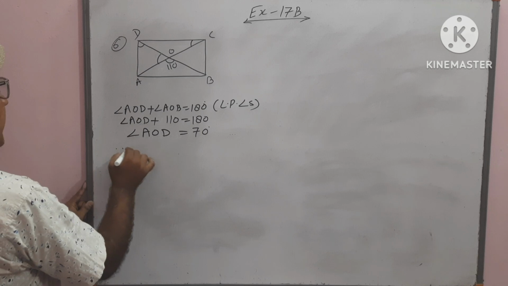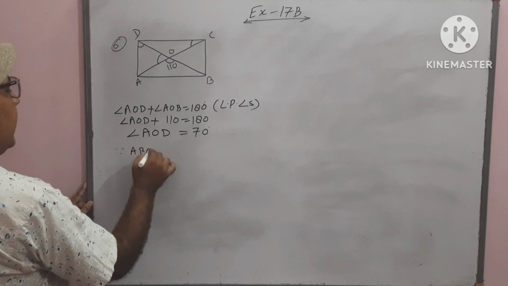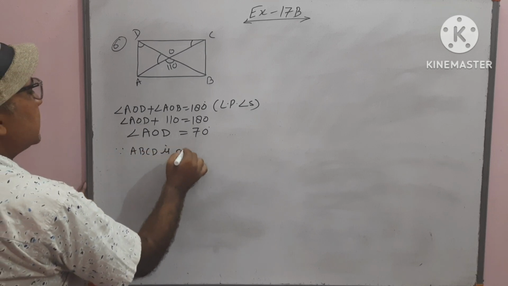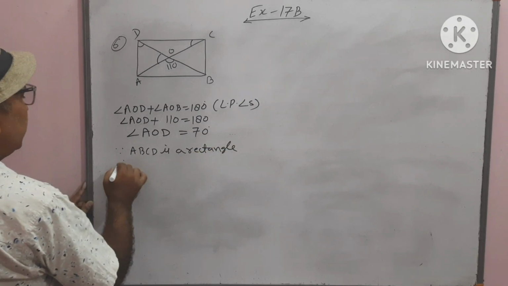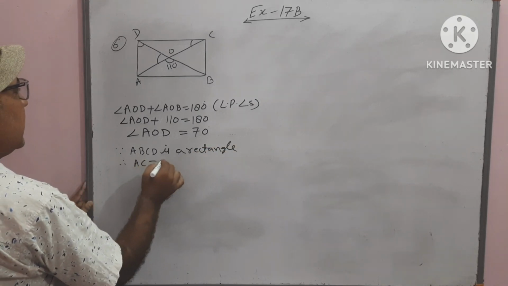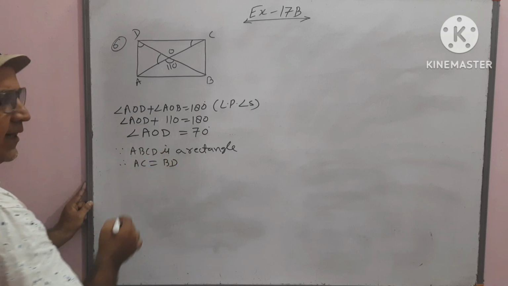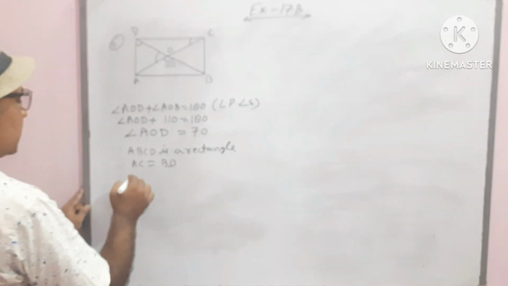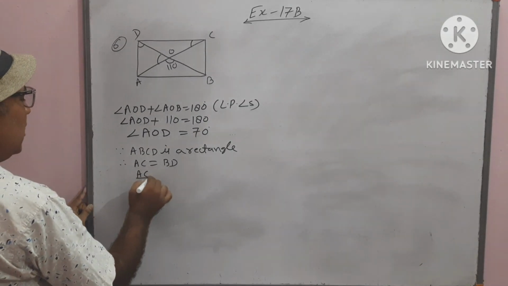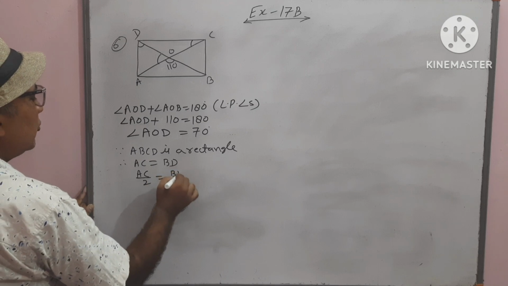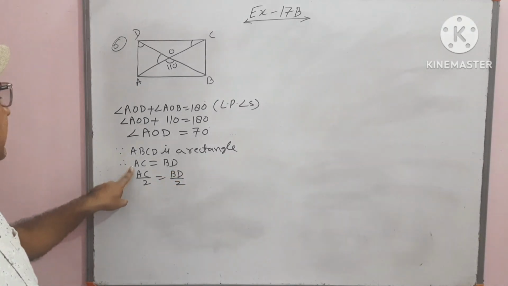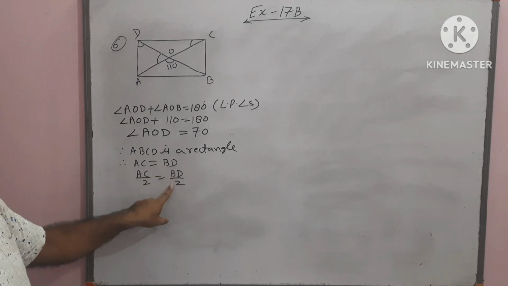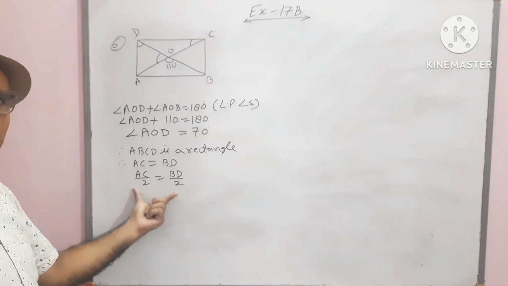Now, because ABCD is a rectangle, therefore AC is equal to BD, because both are the diagonals. Therefore, AC by 2 and BD by 2 will also be equal. If we divide AC also by 2, BD also by 2, then also both will be equal.